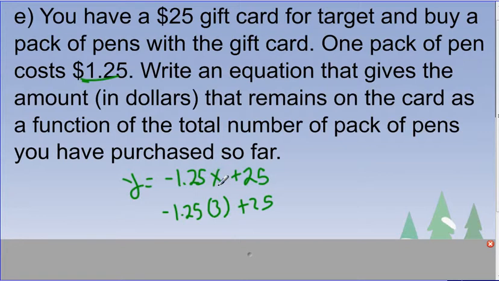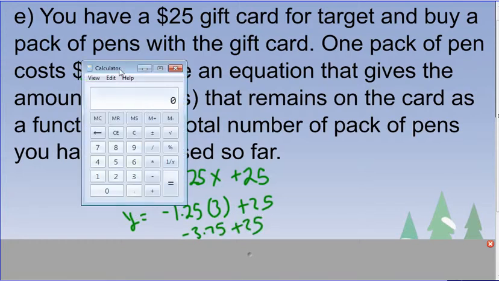So if I buy 3 packs of pens, this number should give me the amount of money I have left over. Because each pack of pens, my $25 goes down by this amount. Well, 3 times that gives us a negative 3.75 plus 25, and we've got a handy-dandy calculator for that.